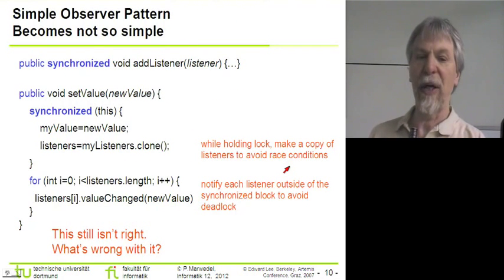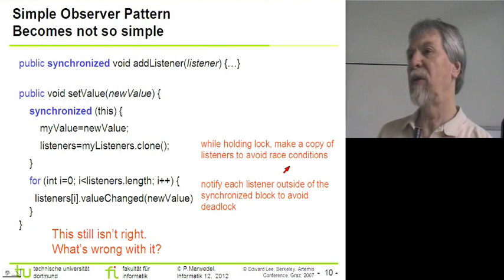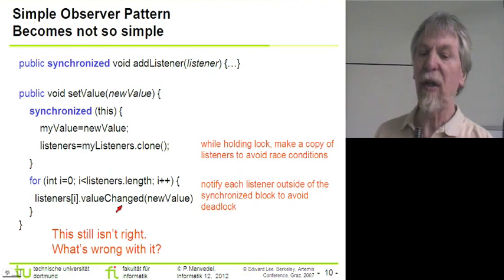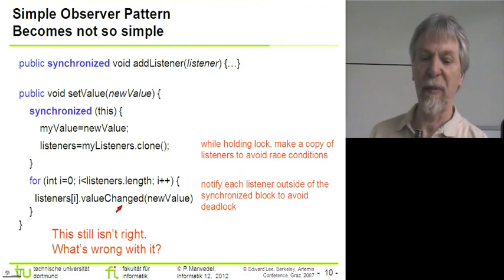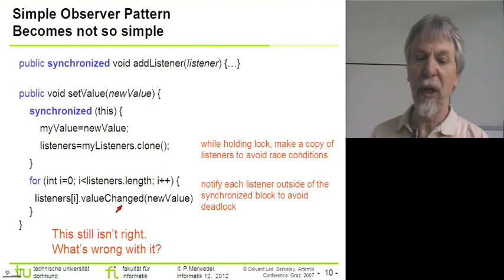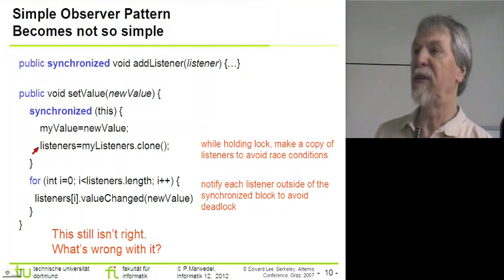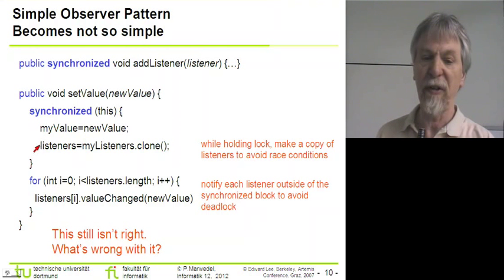Now, what can we do about it? Well, we can try to avoid the situation where we are holding a lock while we are calling this method valueChanged. One way would be to have only the copying of the listeners being synchronized, because that's the global operation for the data structure.